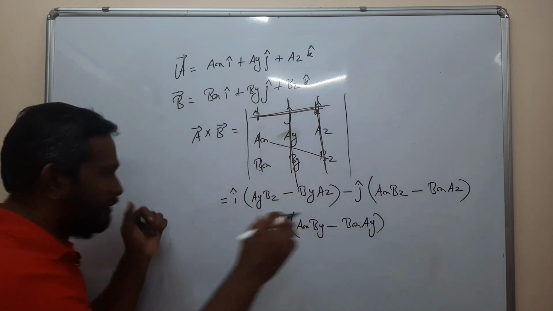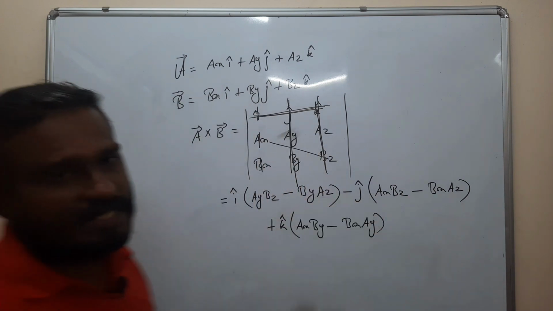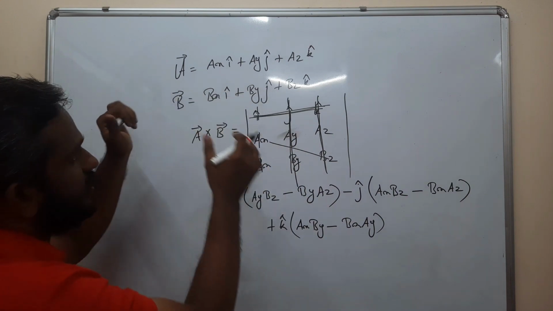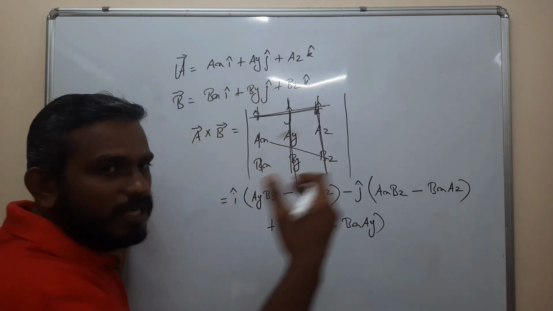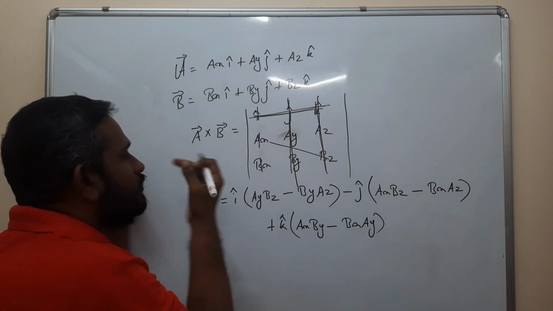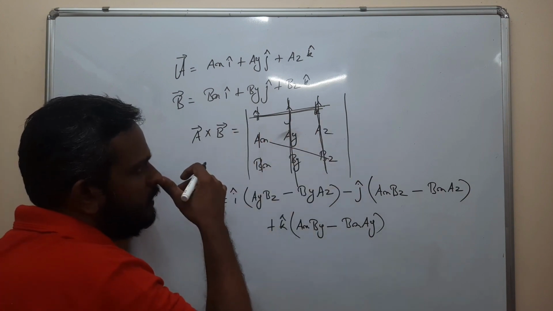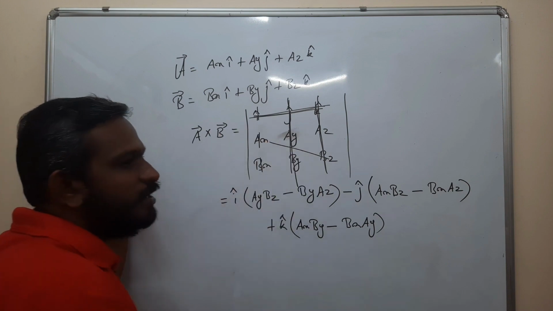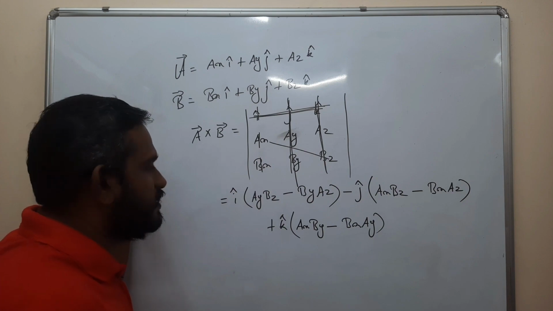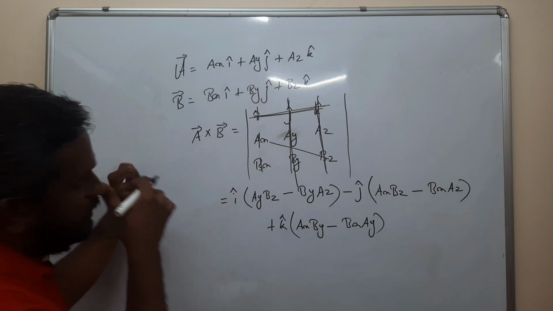You are studying how to expand a determinant in mathematics. So if the two vectors are in rectangular component form, a vector cross b vector we have to find using the determinant method. In this way we can solve it.